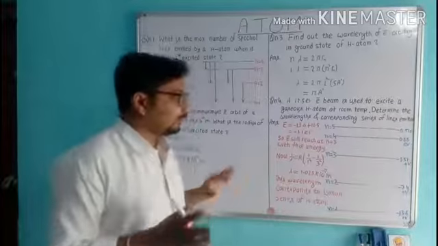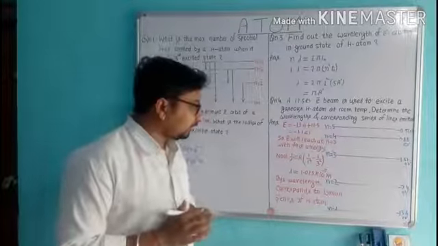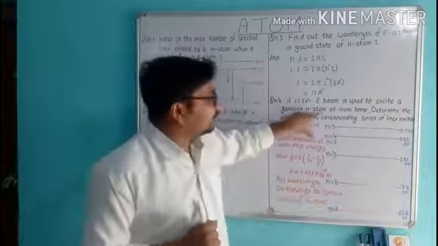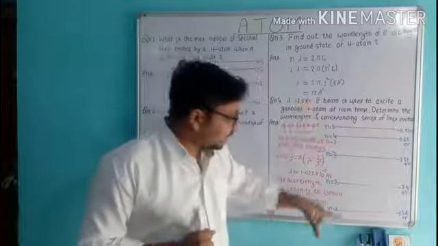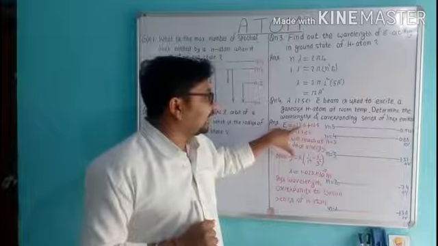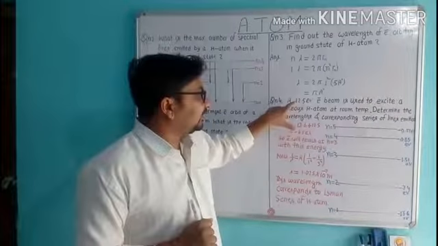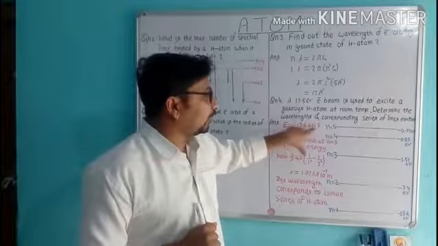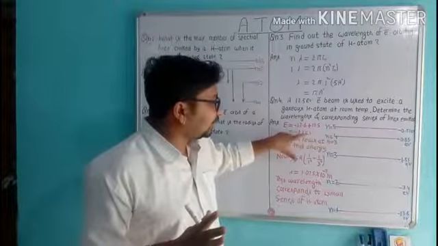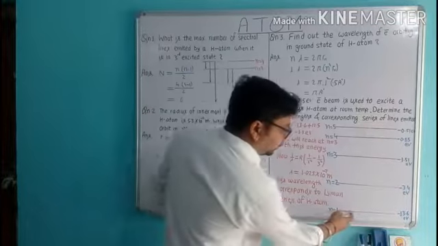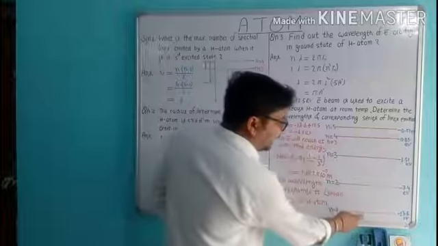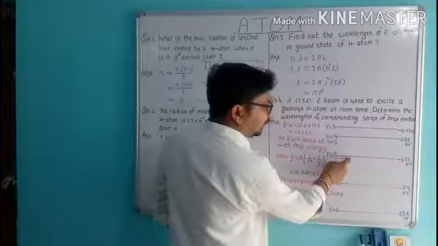Now, since the hydrogen atom is at room temperature, in the ground state, it has energy minus 13.6 electron volt. The energy supplied to it is plus 12.5. That means now the electron has energy minus 1.1 electron volt. Now the electron goes from the ground state to a higher state with this energy, and it can reach up to n is equal to 3.